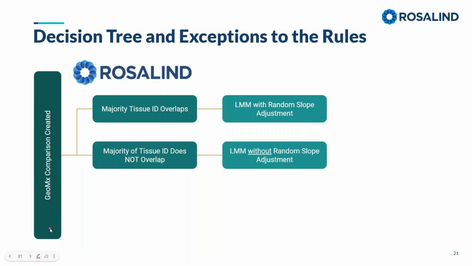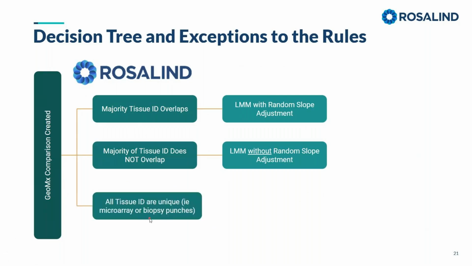However, there are some exceptions to these rules, because these are not beautiful 1-to-1, 2-to-2. There are a lot of different things that can come into play here and affect how this matters. And again, we take that into effect for you. So let's say you have this unique situation where all your tissue IDs are actually unique. Maybe you did a microarray or biopsy punches where you actually only have very small sections and each of your tissue IDs are unique.